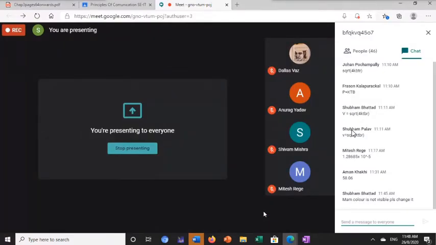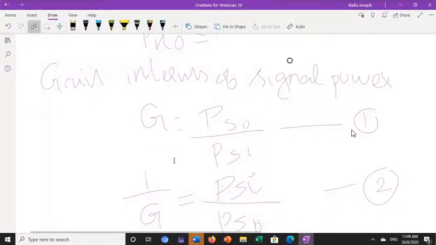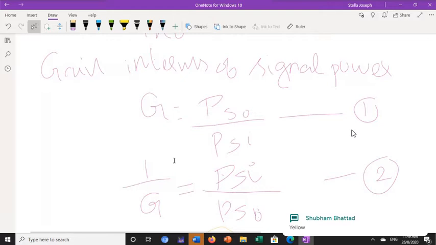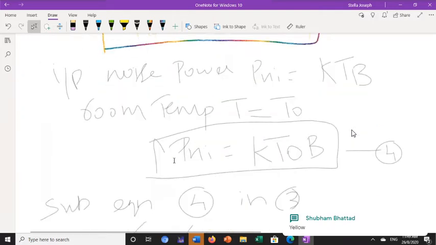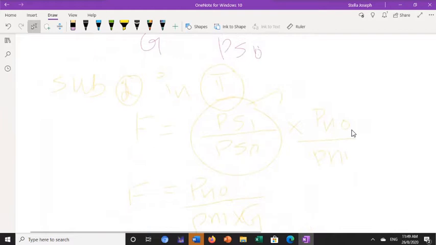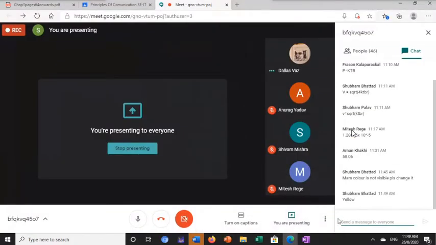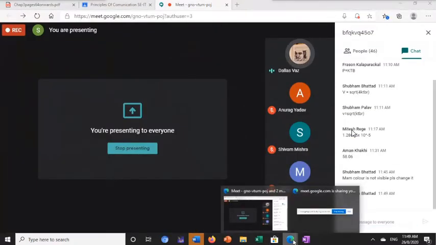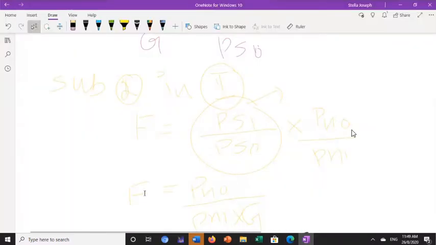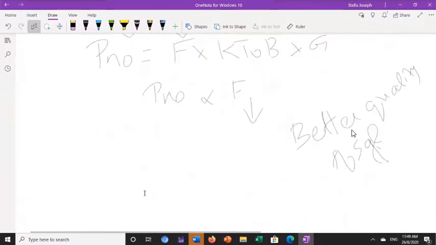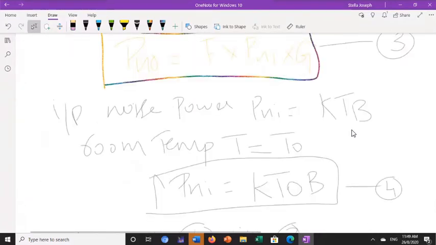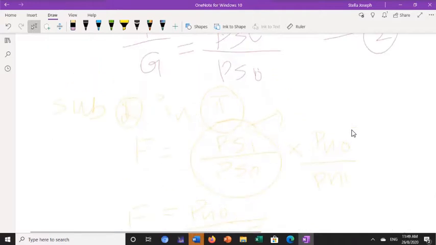Ma'am, the color is not visible. Shubham, which one? It's the orange one. Yes, ma'am, the yellow color is slightly not visible. Okay, let me change it. This one, for substitute 2 in 1.